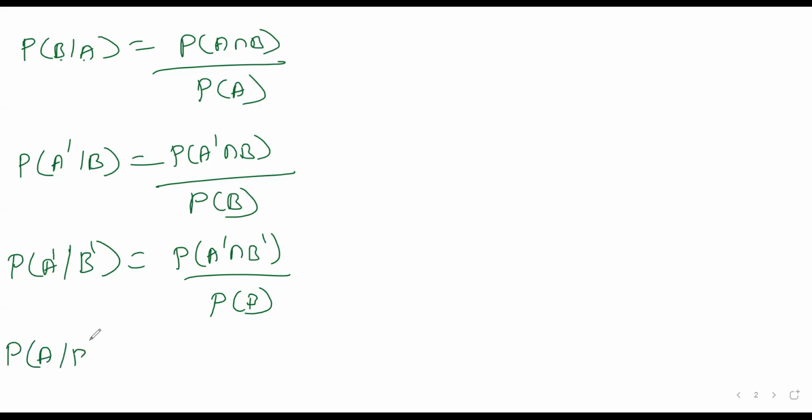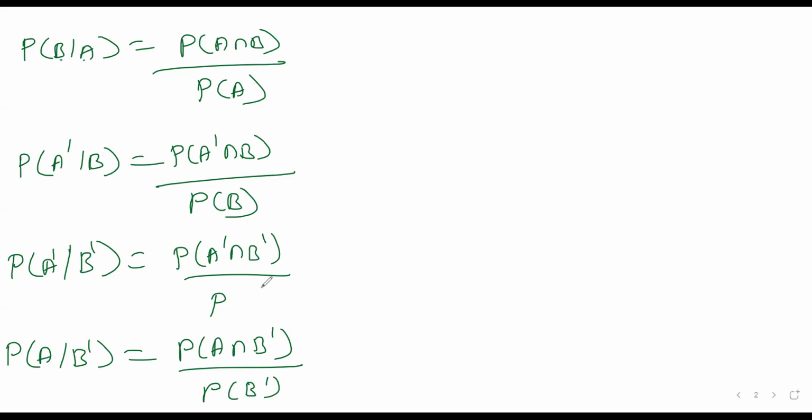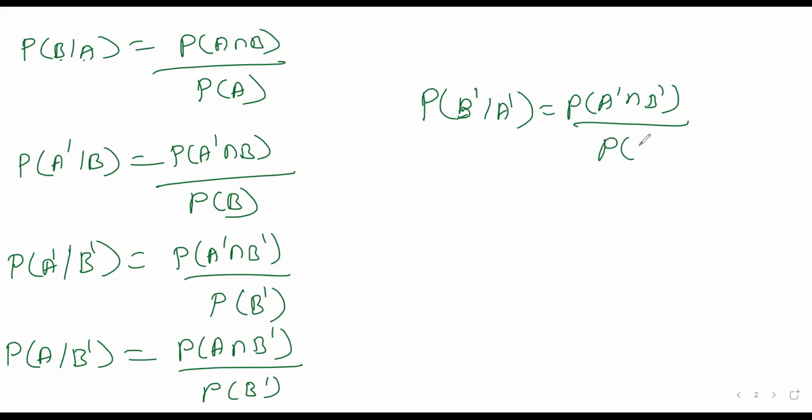P of A by B complement is P of A intersection B complement upon P of B complement. हे पण B complement आहे वरचं. Then P of B complement by A complement is P of A complement intersection B complement upon P of A complement.